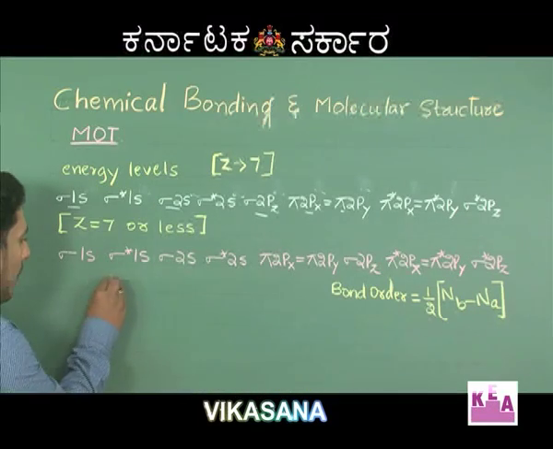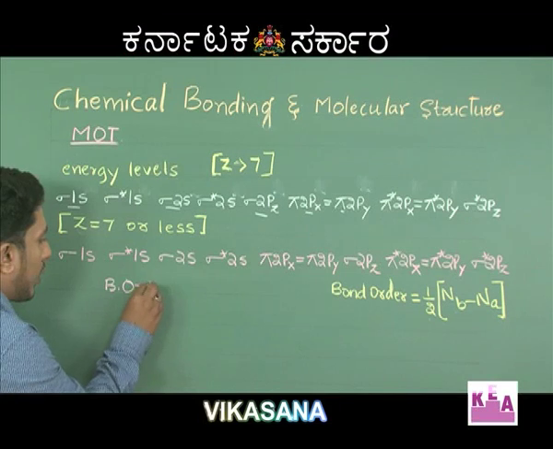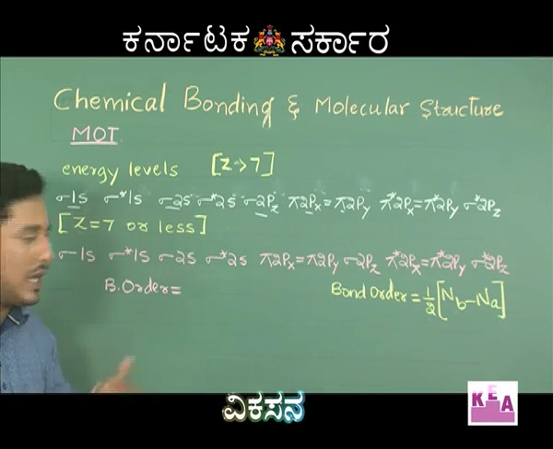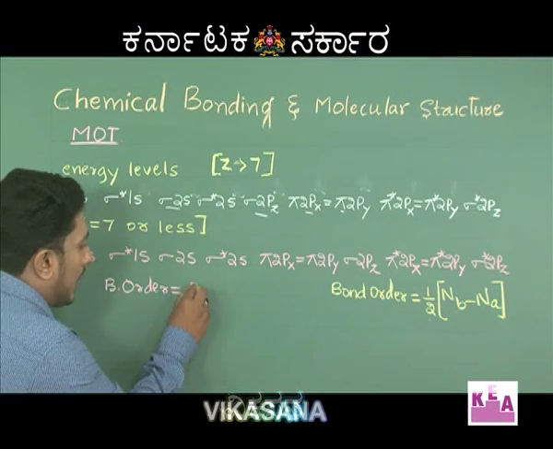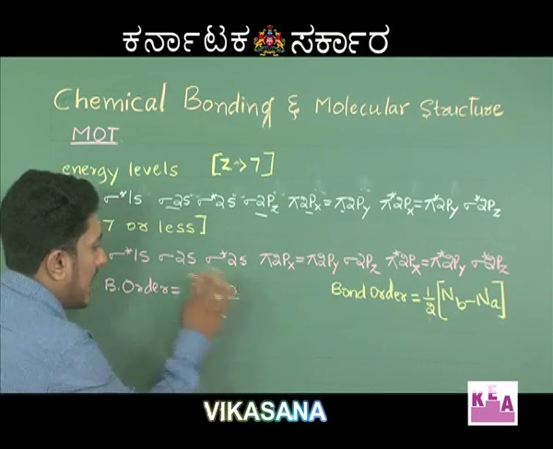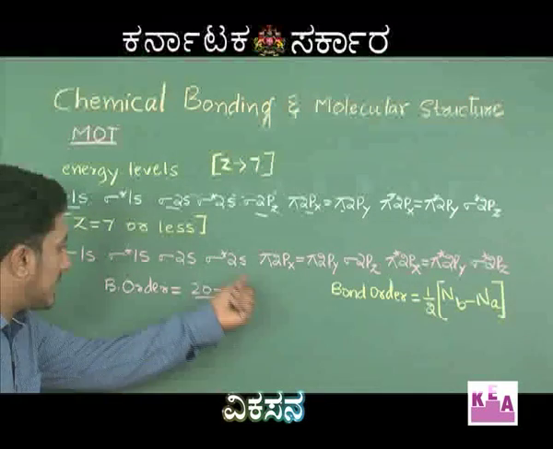If the total number of electrons present in the molecule is greater than or equal to 14 and less than or equal to 20, then bond order can be calculated as 20 minus n, divided by 2, where n stands for the number of electrons.